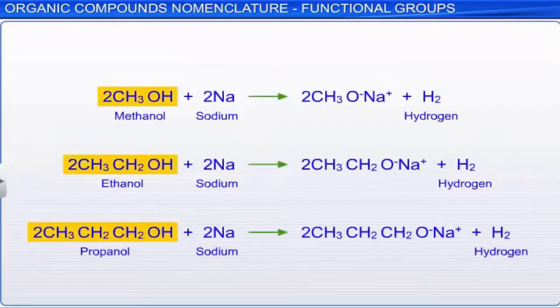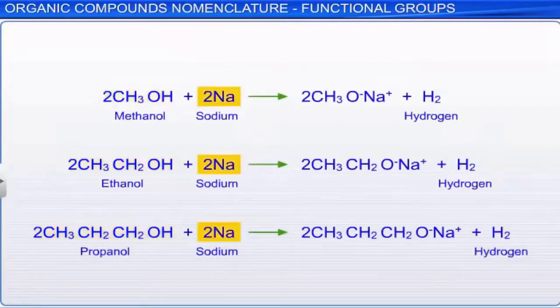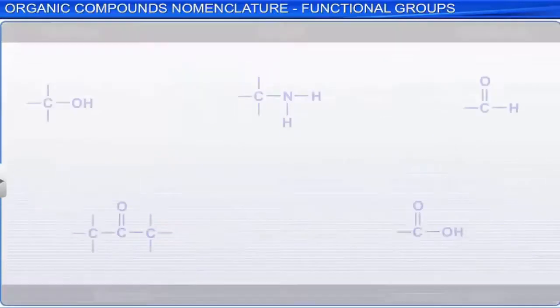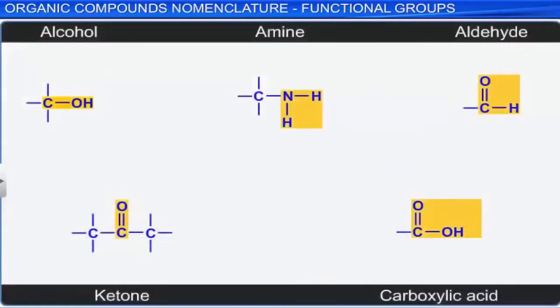All these compounds react with sodium metal and liberate hydrogen. Thus, we can conclude that organic compounds that have similar functional groups show similar chemical reactions. Functional groups play an important role in determining the properties of a compound and are used to organize organic compounds in different classes.